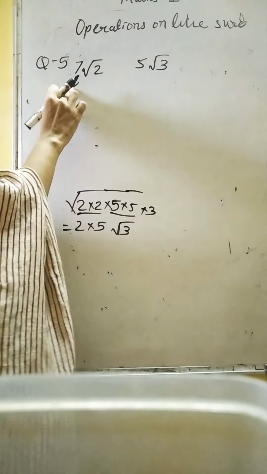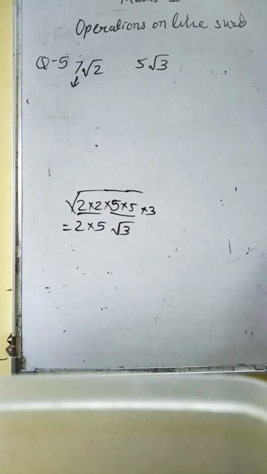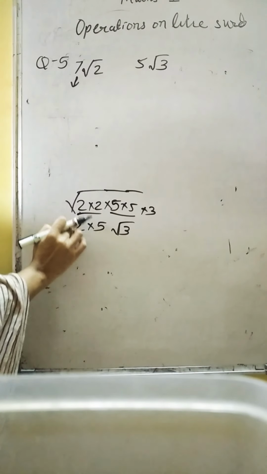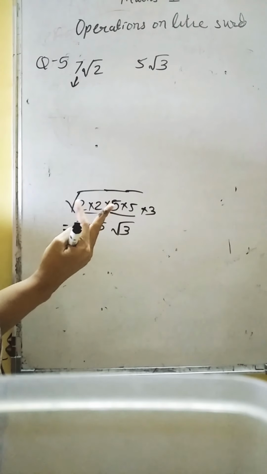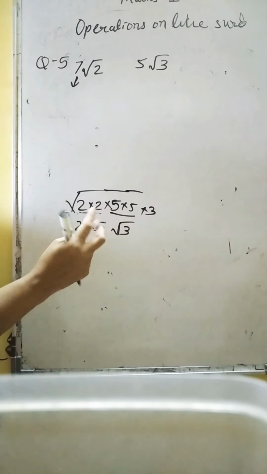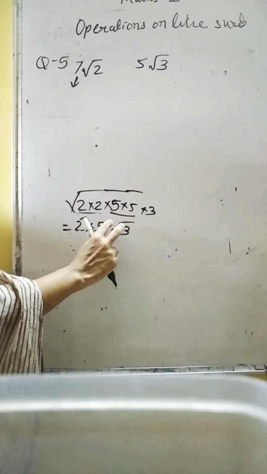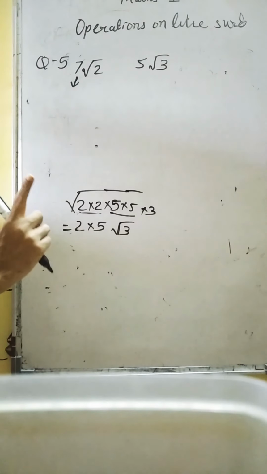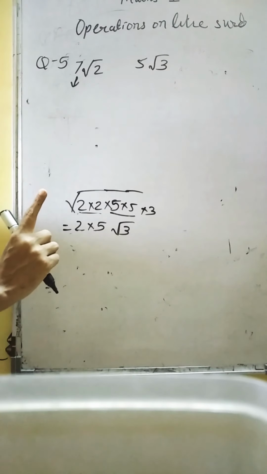ये 7 है ना, 7 उसको रेडिकल साइन के अंदर जाना है, तो क्या होगा, ये देखो, जो बाहर आया वो अगर अंदर था तो अंदर वो कैसे फॉर्म में था, डबल था, 2 times. This 5 was also 2 times. When it was 2 times inside the radical sign, it comes out once outside the radical sign. ठीक है.